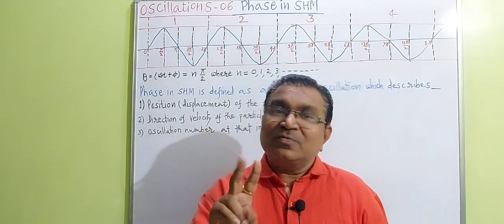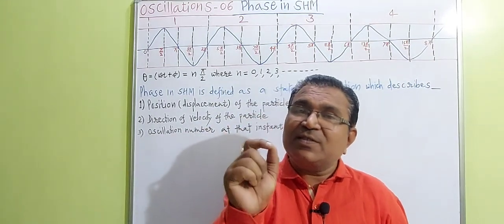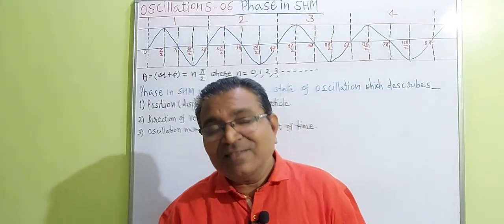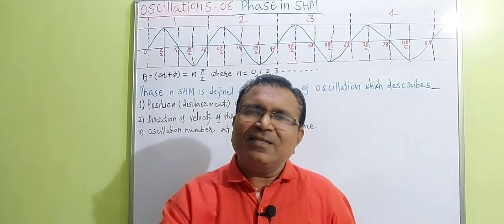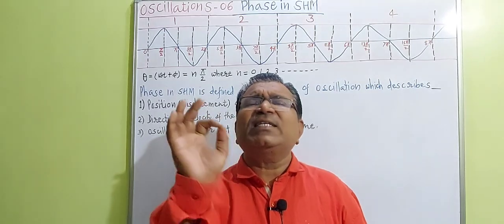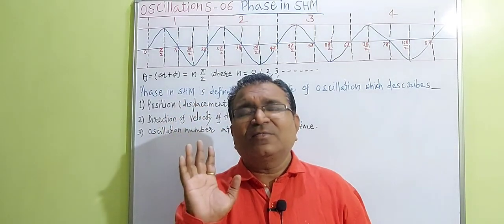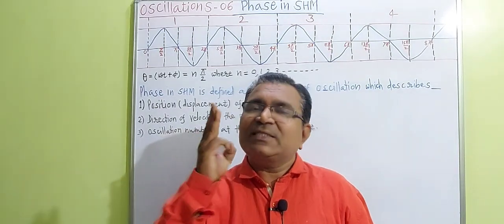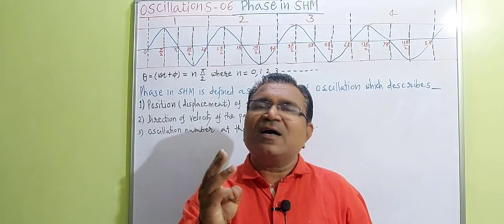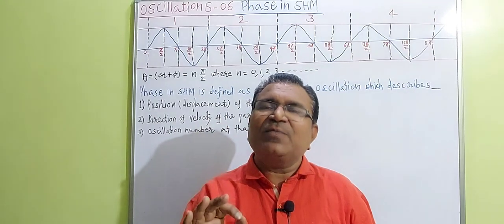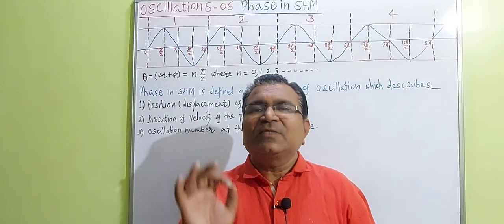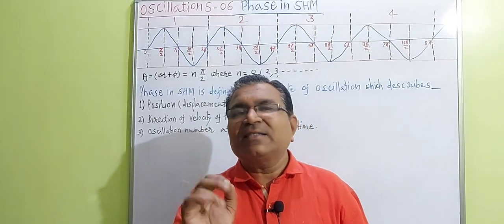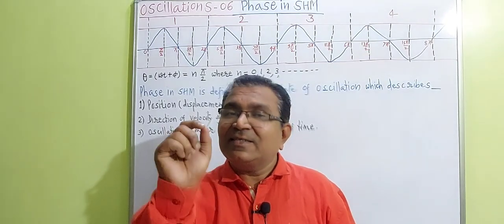Number two, direction of velocity of the particle during oscillation. And number three, the oscillation number when the particle is oscillating. So these three factors are described by the physical quantity we call phase in SHM.